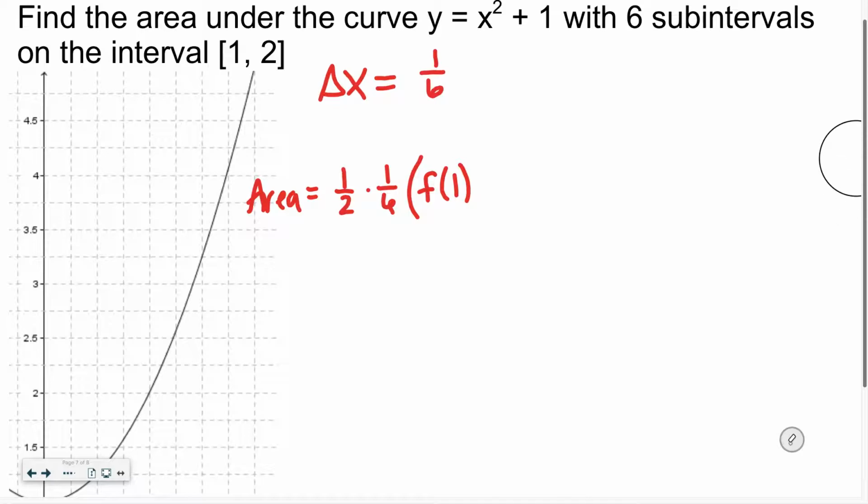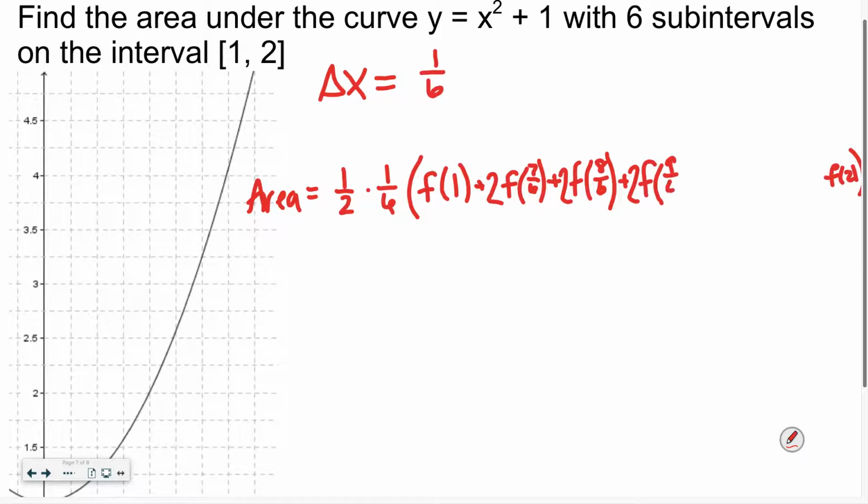I didn't leave myself very much room. I'm going to have to write smaller. So we have 2 bases at 7/6. And 2 bases at 8/6. And 2 bases at 9/6. And 2 bases at 10/6.